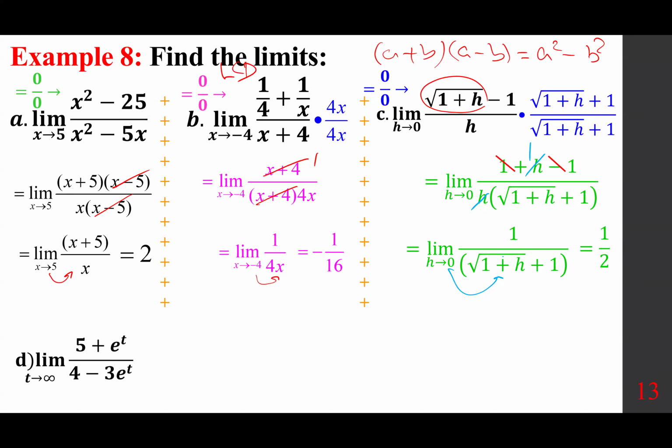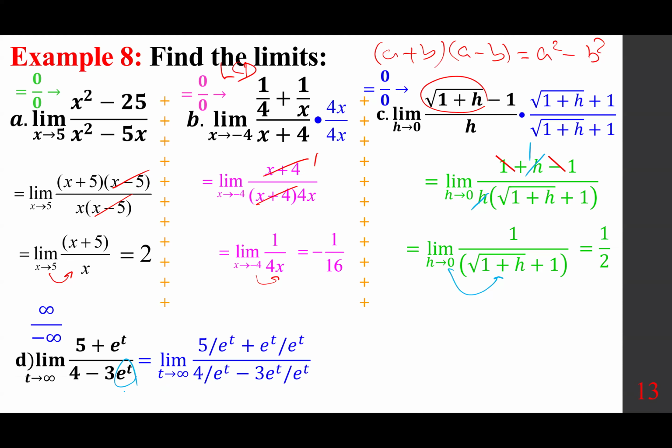Okay, what about this one? We are taking the limit, and if you plug in, you get infinity minus infinity. The technique is to divide, just like a rational expression, divide by the highest value in the denominator, which is e to the power of t.